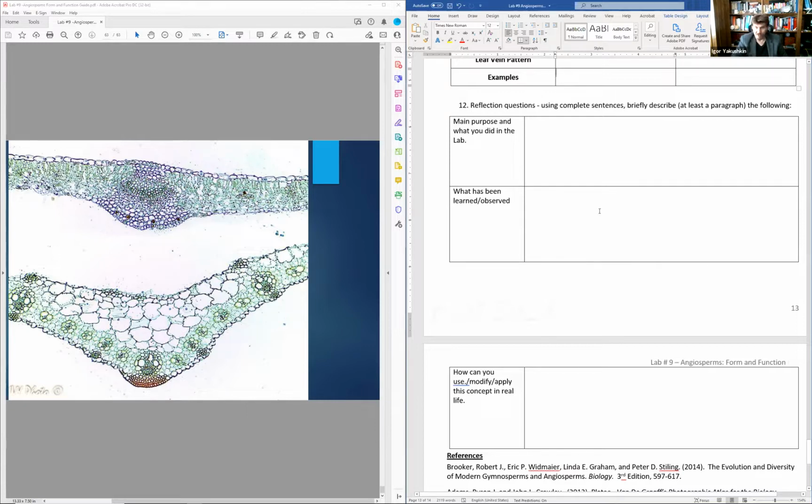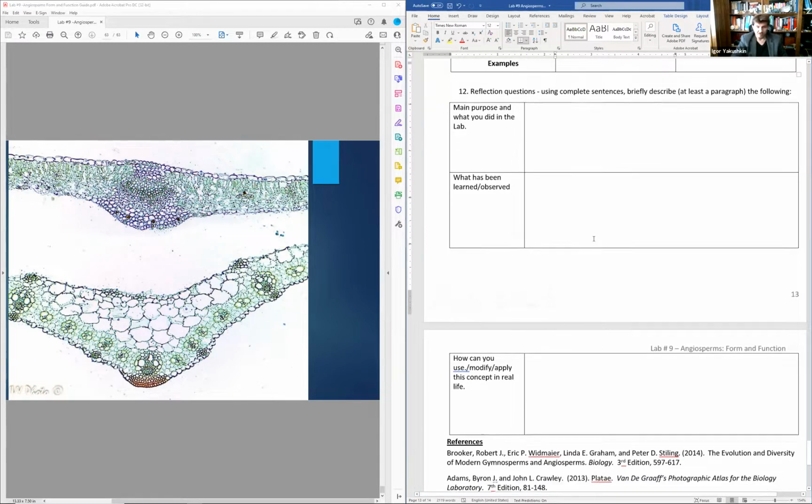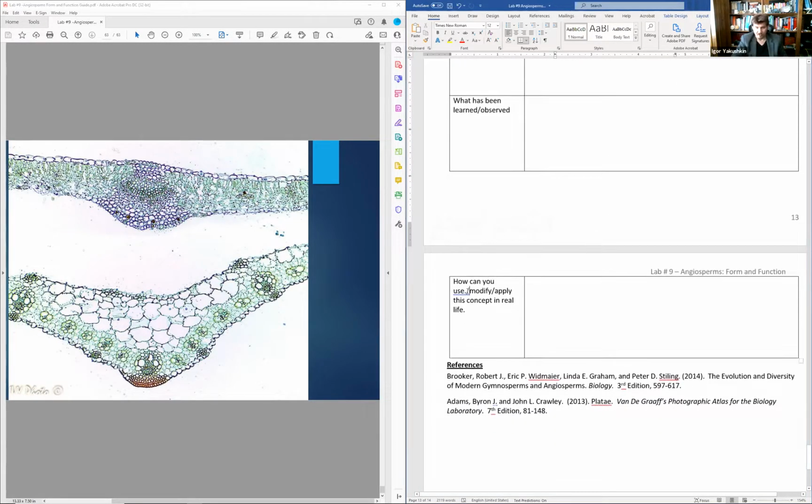Please keep doing it: a nice short paragraph of what you learned, what you observed in this particular lab, and if you can apply or modify it in the future, for your future life. And if you can modify, if you think, well, it was really confusing, can you change that? I'm more open to any kind of suggestions. If needed, I will be doing it.